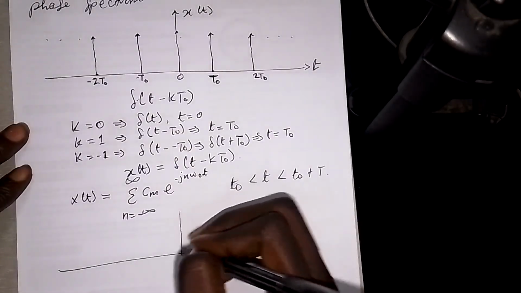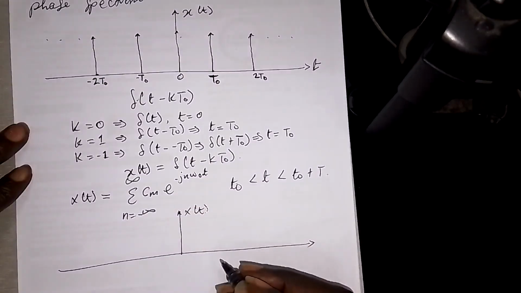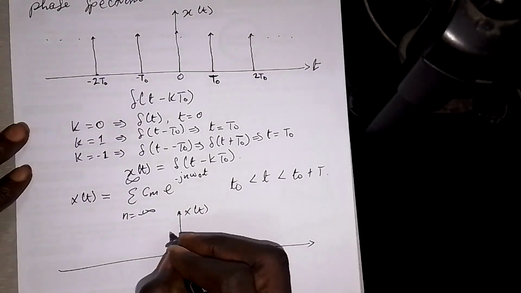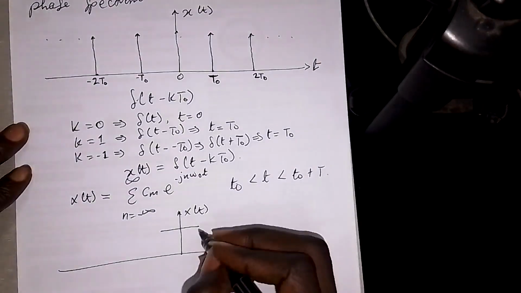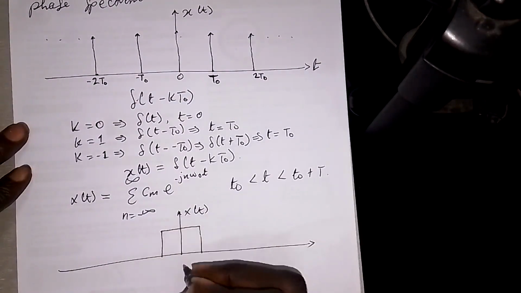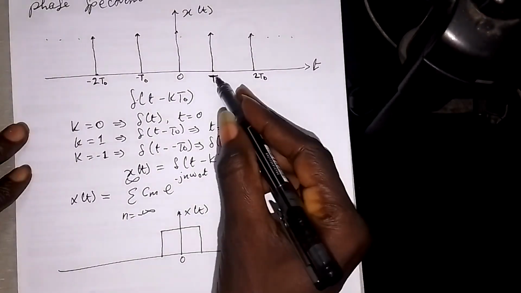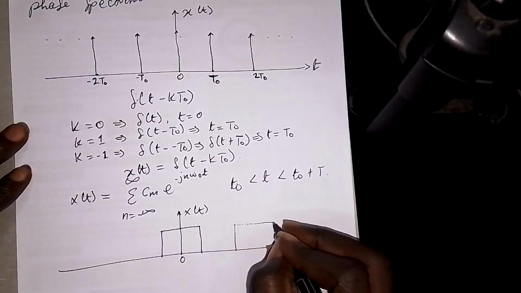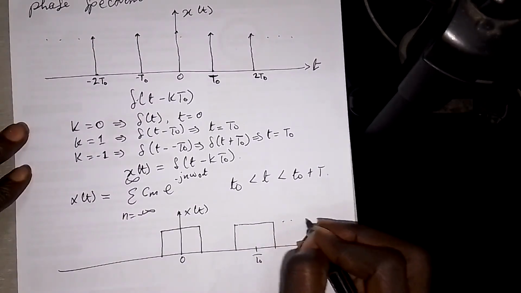So here is x of t. I have to assume that this particular impulse has a certain length and breadth like this. Here is 0, and then this is the next one, at T naught, and it continues like this.